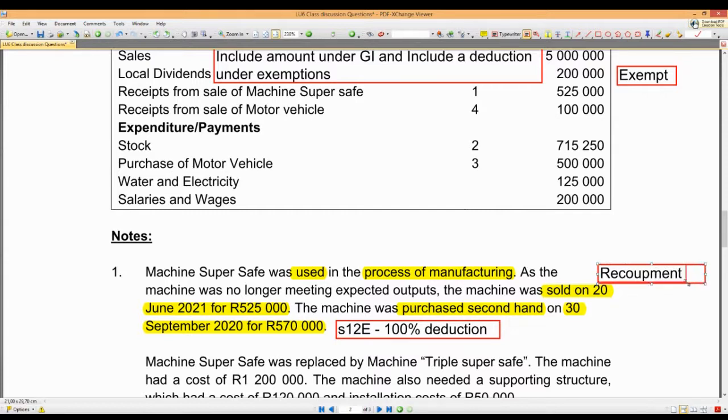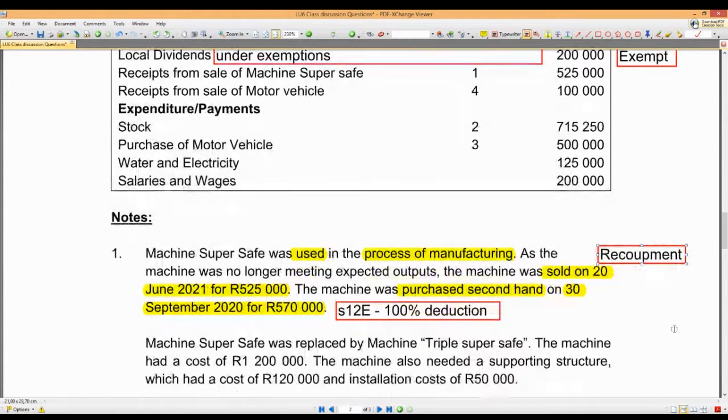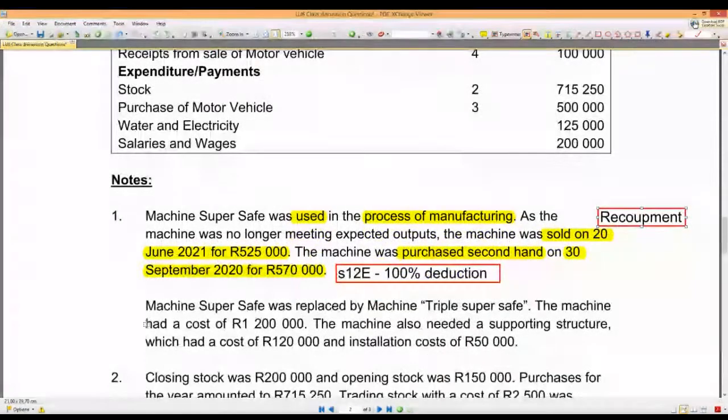Okay, so that 552 is less than the original 570, so we haven't sold it for more than its cost, so our recoupment would be limited to the 552, and if we then work out the capital gains, it would also be a 0. So let's quickly see what the other information is in here.